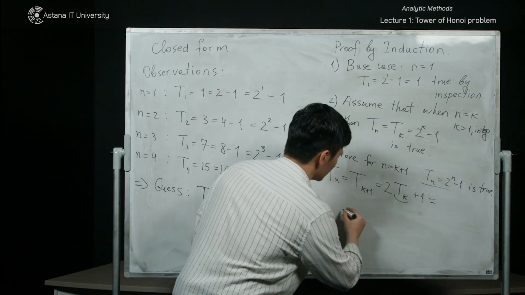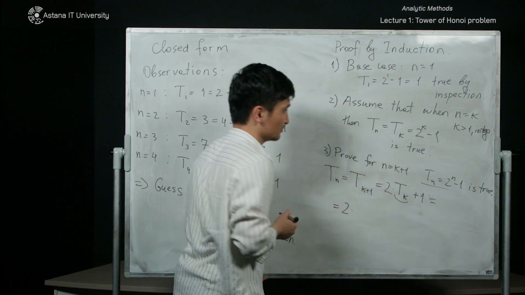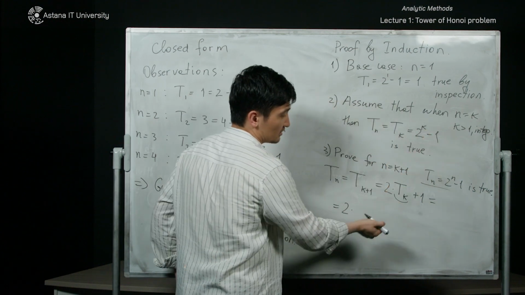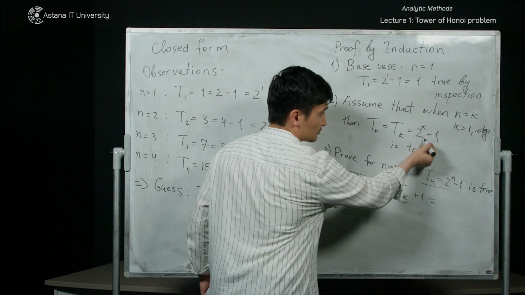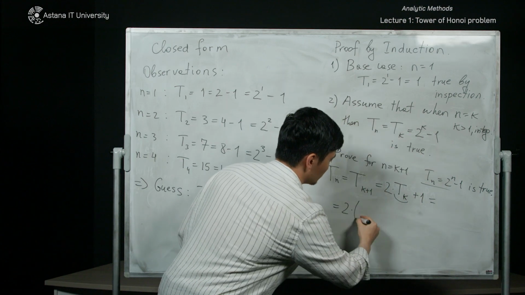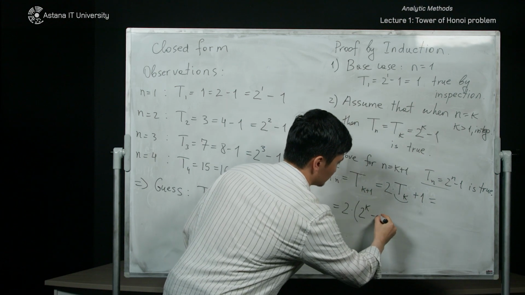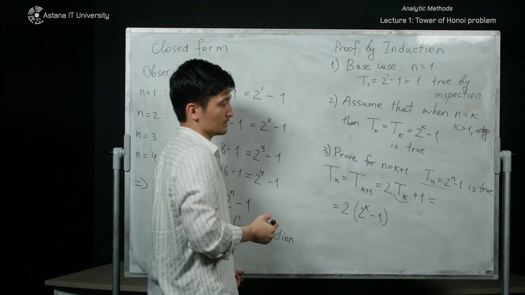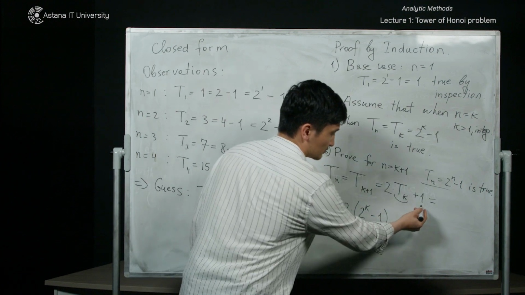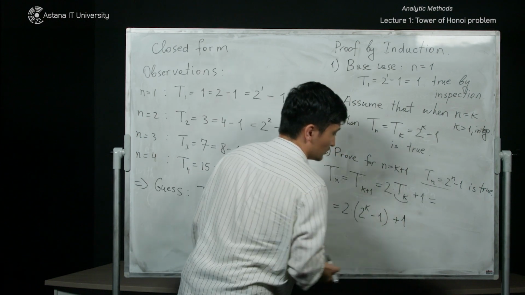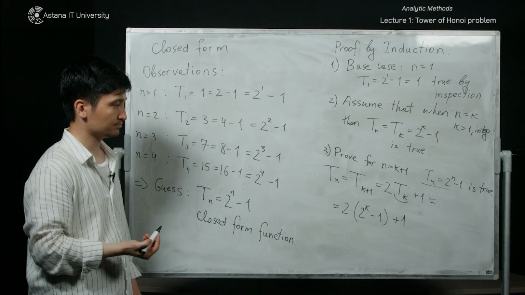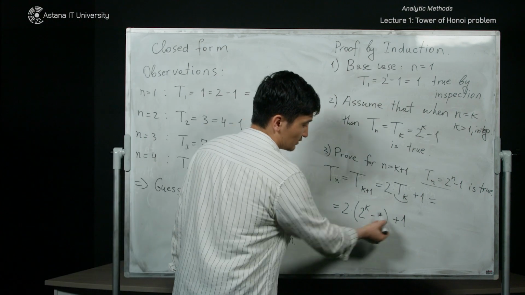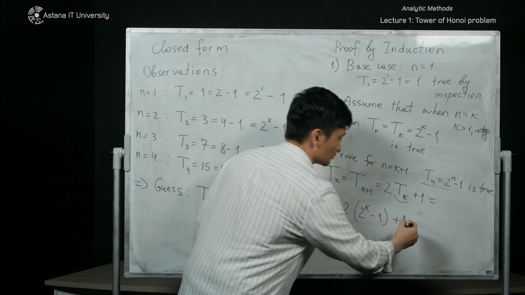So I'm going to say 2 times, and I'm going to plug in instead of T(k), 2 to the power of k minus 1. And I have plus 1 over here. So what I do next is simplify this and open up the brackets.